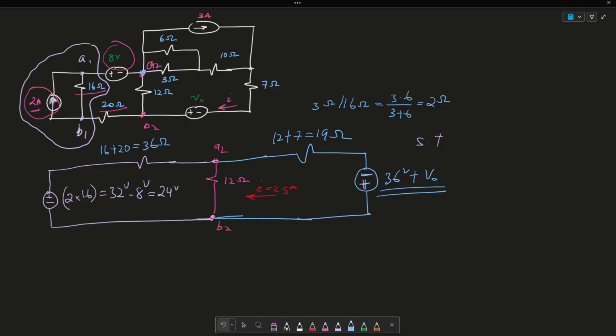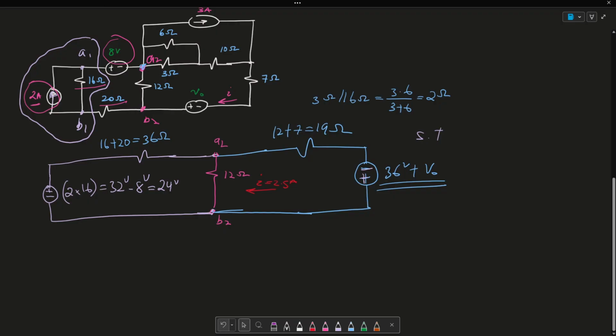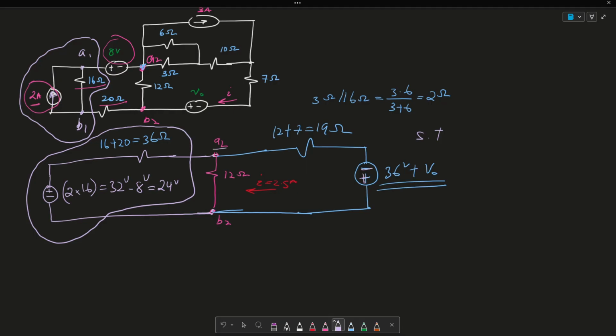Okay, so let me go ahead and do another source transformation here just to give more practice. And say then that I can do a source transformation here, right, between A2 and B2. And that is because I have a voltage in series with the resistor. So then I can change this to become a current source going up because, again, the orientation of my voltage source permits me to do that.